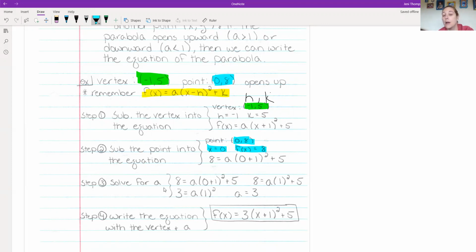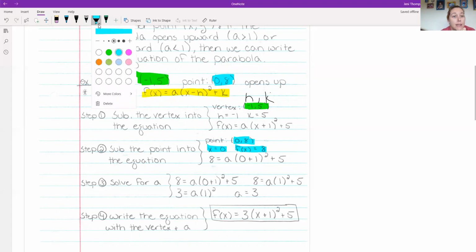That'll give us every component that we need to write the equation of our parabola. So we've got all our components besides the A. So we're going to solve for A so that we can write our final quadratic function.